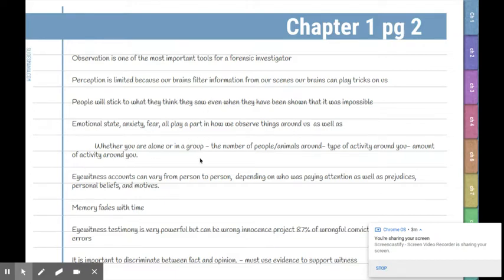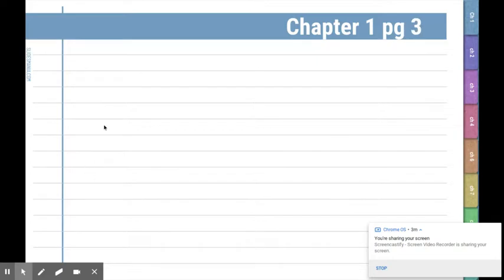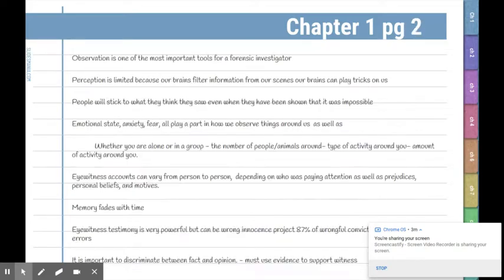So there's something about eyewitness accounts, can vary from person to person, depending on who is paying attention, as well as any prejudices, personal beliefs, motives, things like that. So again, it said how to be a good observer, and it gave me some steps. So obviously I'm writing that down. So not a lot. It didn't take me a whole lot to sum up that chapter.